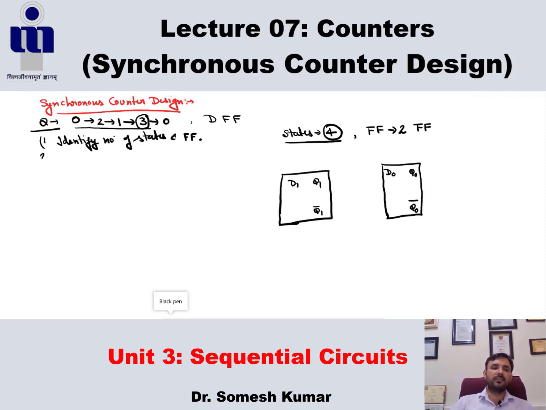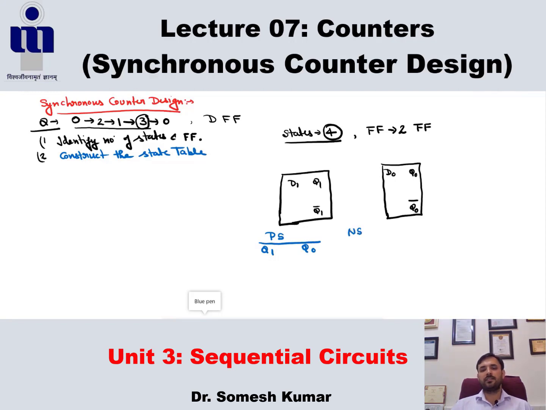The second step is we have to construct the state table. How to construct the state table? The present state here is Q1, Q0. These are the present state and this is the next state.